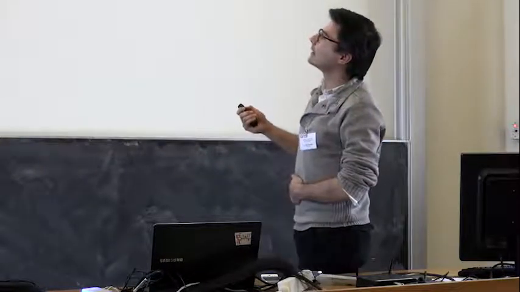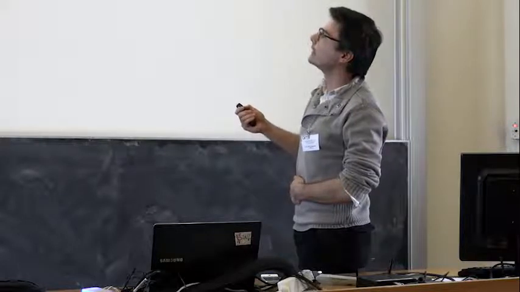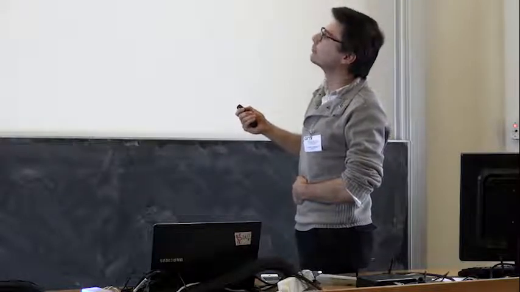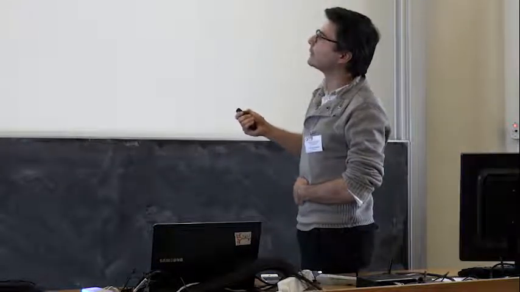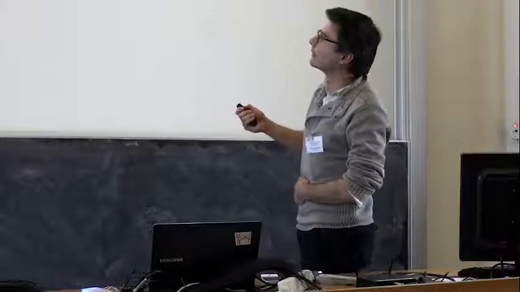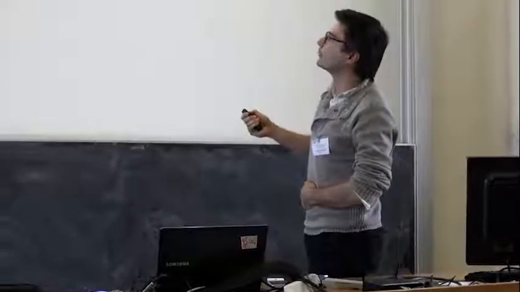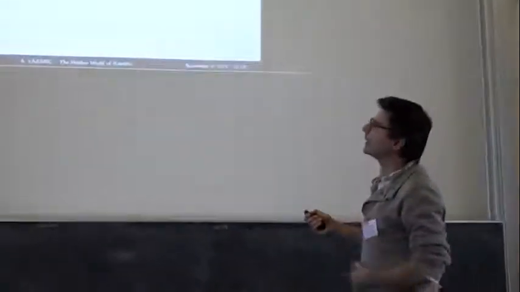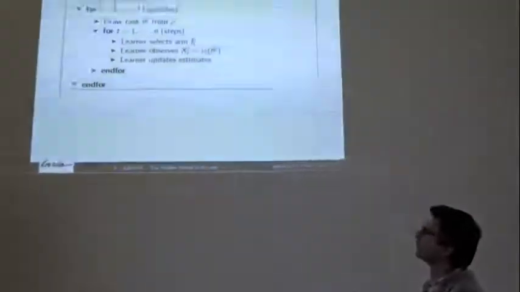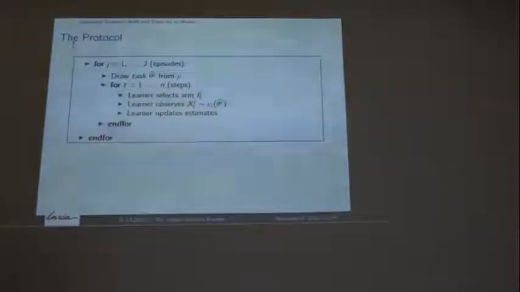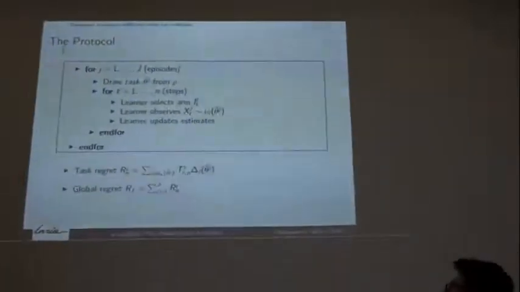Then I pick a specific identity of the type, which I will also sometimes call the task, theta bar J, from the distribution. And then here I have just a specific bandit problem. You can think about this as a bandit problem, and I interact with it over n steps: I select the arm, I receive the reward, I update my estimates, and I keep doing it over and over, both over steps and episodes.